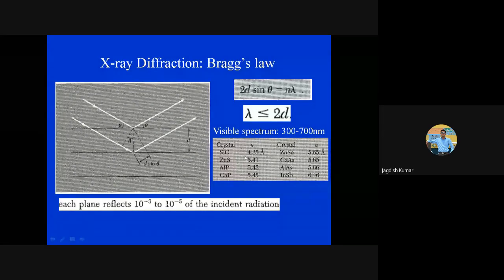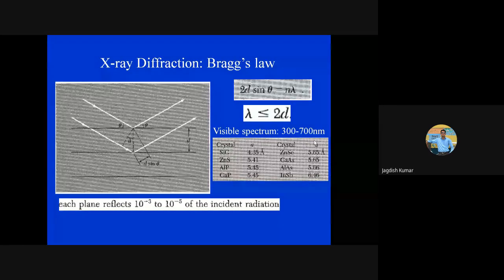And the visible spectrum falls at something like 300 to 700 nanometers. So if you shine visible light on a crystal, there won't be anything like X-ray diffraction, because the wavelength is too large for visible light to produce a diffraction pattern. And since X-rays have their wavelength of the order of interatomic spacing, of the order of angstroms, that is why they are a perfect, suitable choice for studying the diffraction pattern from crystals.